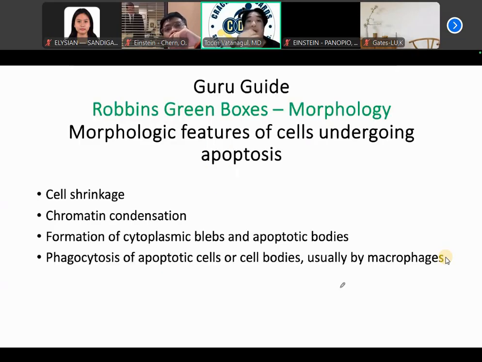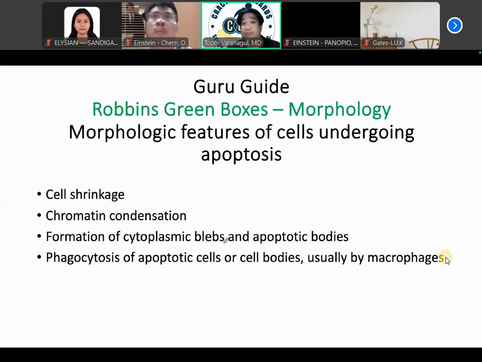Now, the green box. Morphology again. I want everyone to remember these 4 morphologic features that cells will undergo during apoptosis. What are these 4 morphologic features? Number 1, there is shrinkage of the cell. The cell will shrink. Number 2, there is condensation of the chromatin.